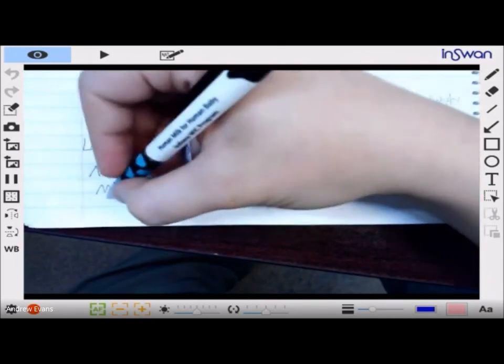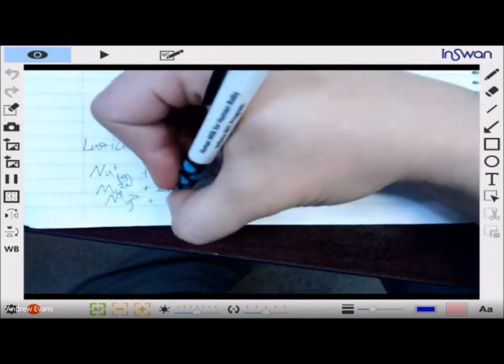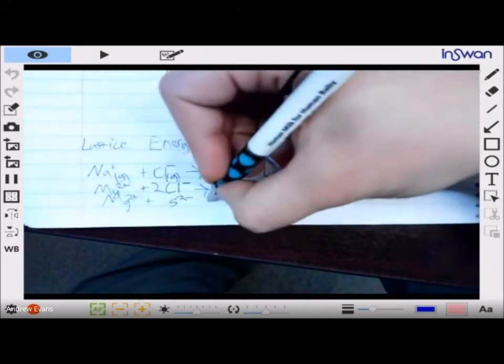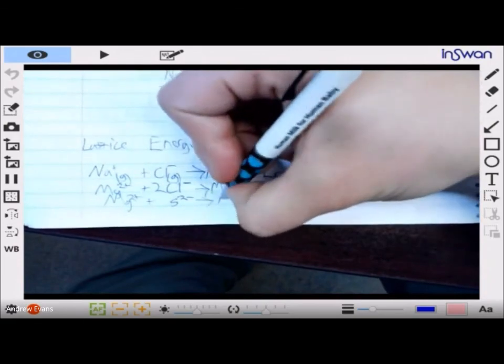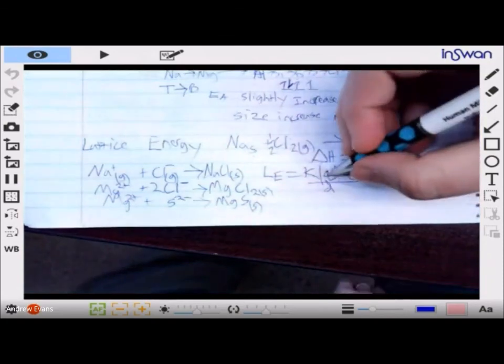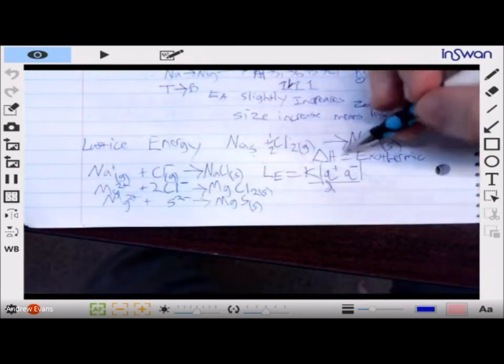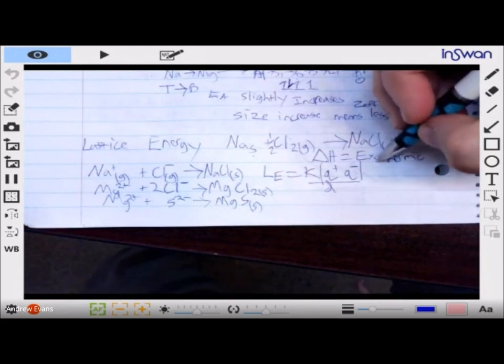If I said magnesium sulfide, I would have a 2 and 2 because I'd have a 2+ and a 2-. So typically speaking, the more charged the ions, the greater the lattice energy, the greater the attraction.